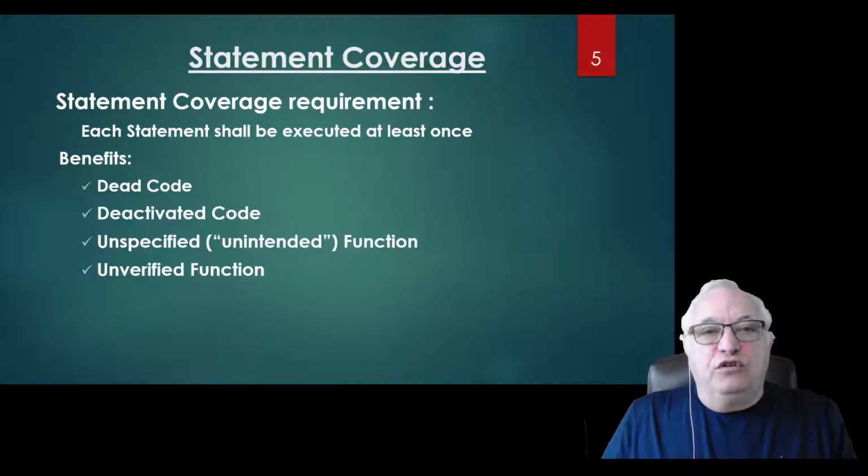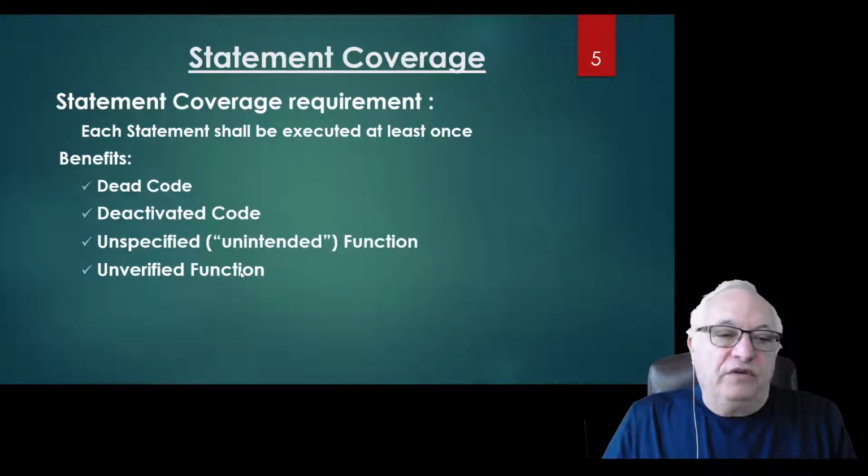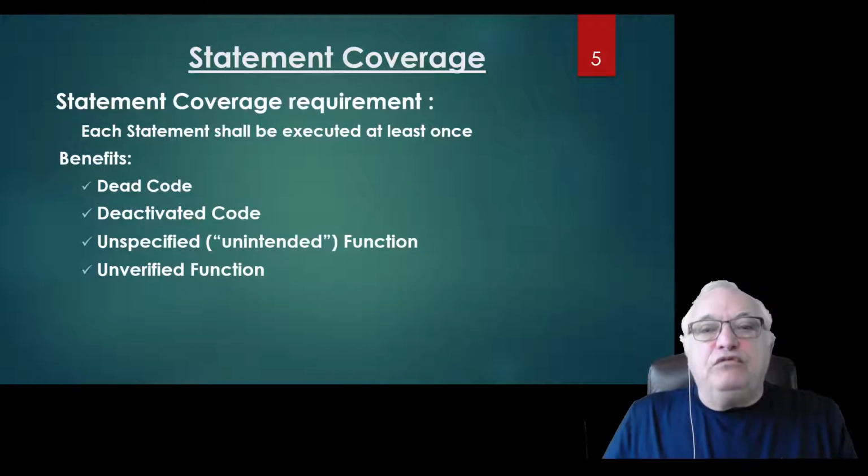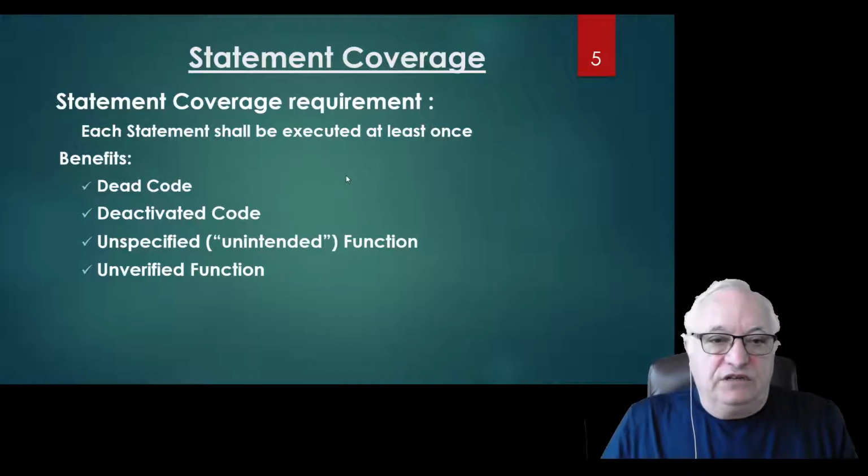You have to figure out if it's dead code, deactivated code, or unspecified code, or basically you don't have a very good testing program. You're going to have to readjust your verification and validation program and run the test again, and get a report from your tools to see whether or not you exercised all the lines of code. If you didn't, then you need some kind of justification.